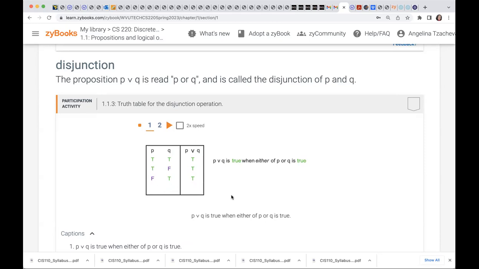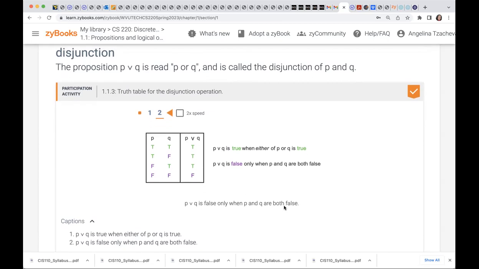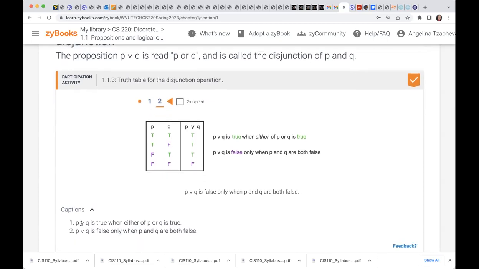Now, if both of them are false, that's the only time the disjunction would also be false. This is that last one right here. So P or Q is true when either P or Q is true, and it is false only when both of them are false.